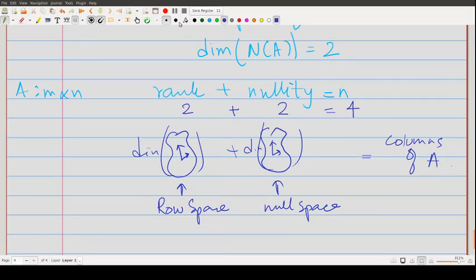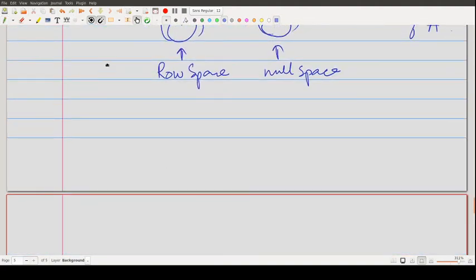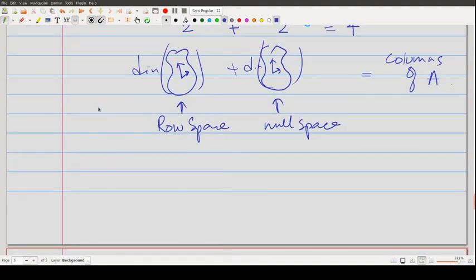And actually that's not the only interesting thing. There are many interesting things that we can notice about a matrix. So here are a few facts. Let's just talk about this example matrix for now. Consider the matrices A and U, where A was the 3 by 4 matrix we were dealing with, and U was its row echelon form.